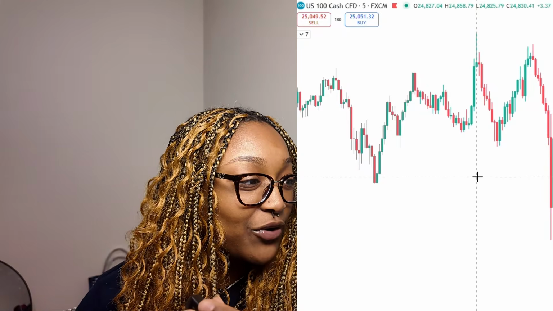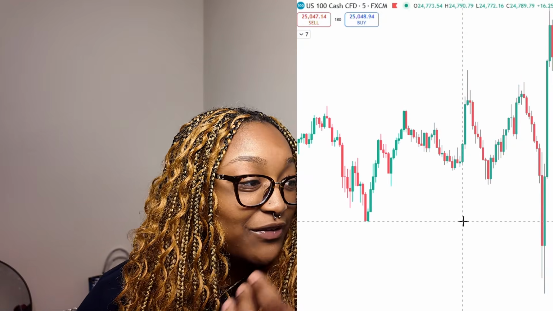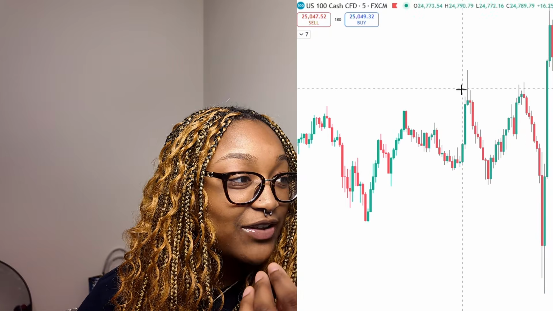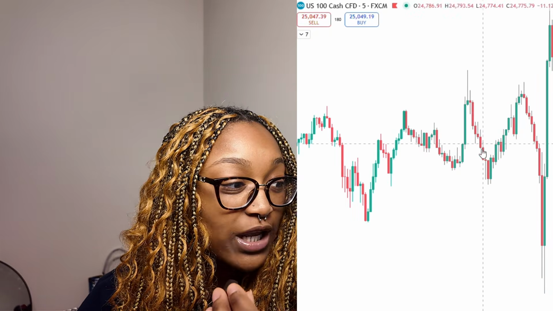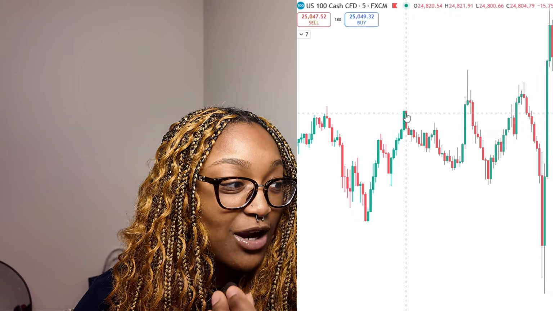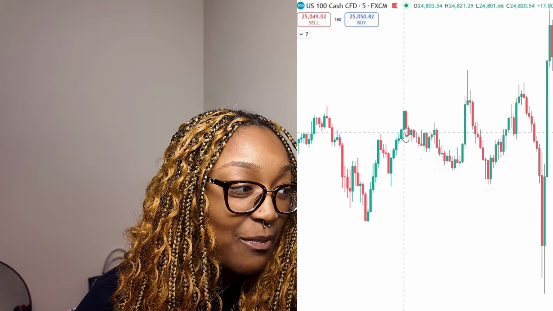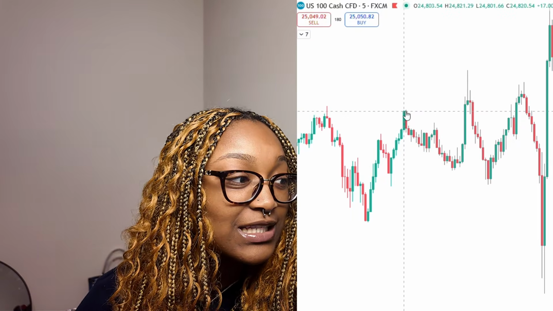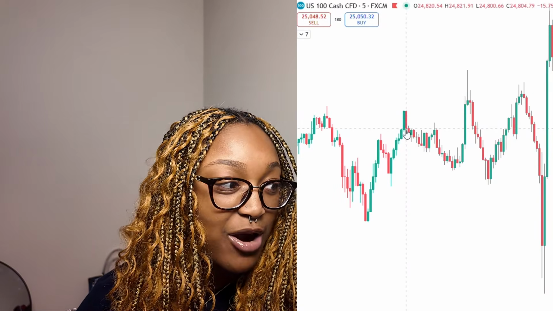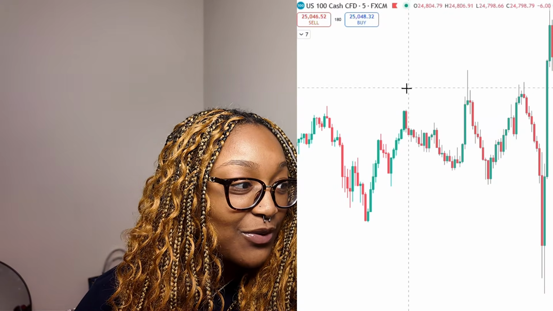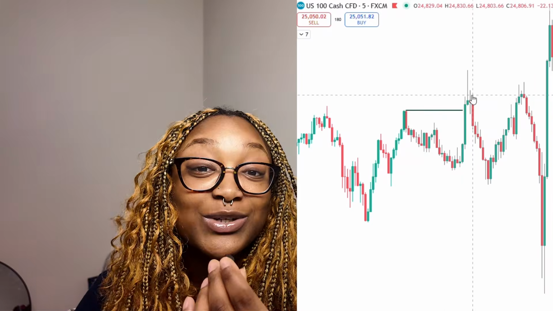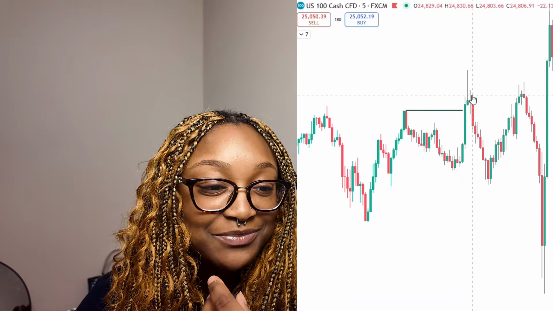So we're going to look for previous highs. If this part of the chart weren't here right now, this would be our most previous high. And it has liquidity lying there because buyers bought into the market and then sellers sold into the market. So we have a higher high right here, which means we have liquidity lying right there.